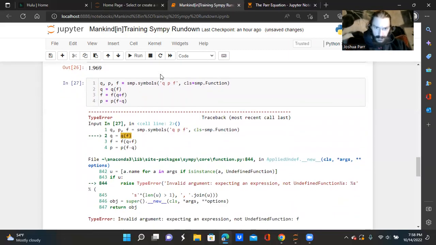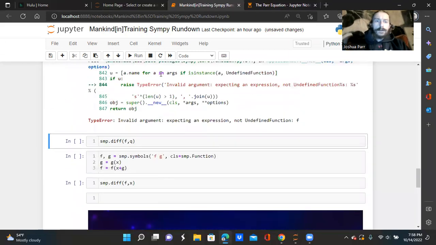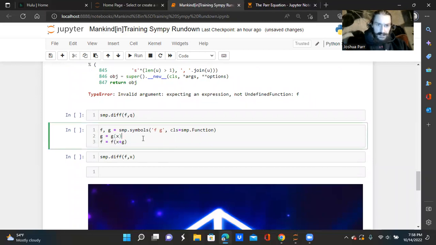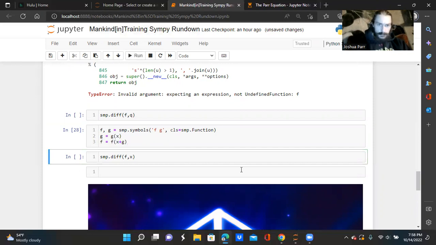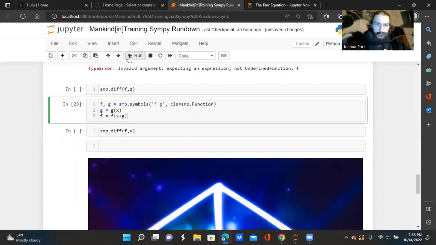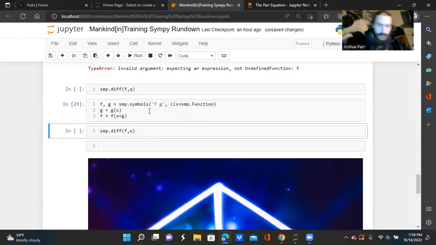Why don't you like that? Okay. It doesn't like that. So since it doesn't like that, we're going to do this one. It did like that. Oh, because I've already declared that P and Q were variables of a different sort, and it didn't like that. So did run that, right? All right.